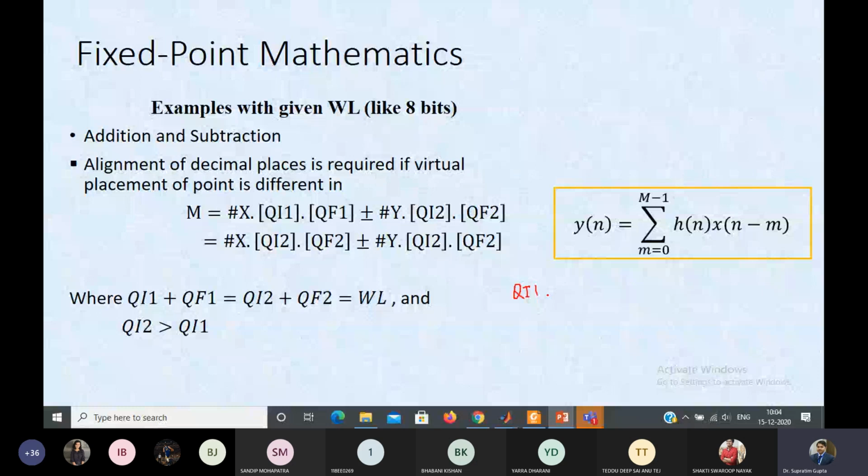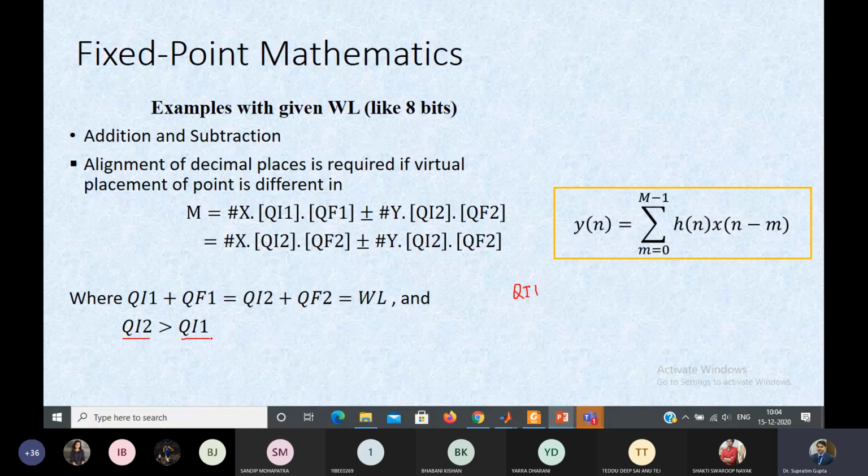So what we need to do is align these two numbers, right? We assumed here that qi2 is more than qi1, and so we need to align this qi1 to qi2. How can I do that? Let us assume that we have 91.35 and we want to add 5.12 to that.